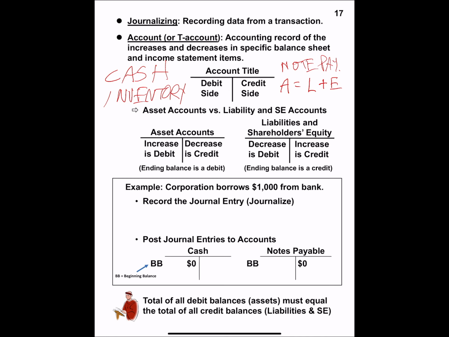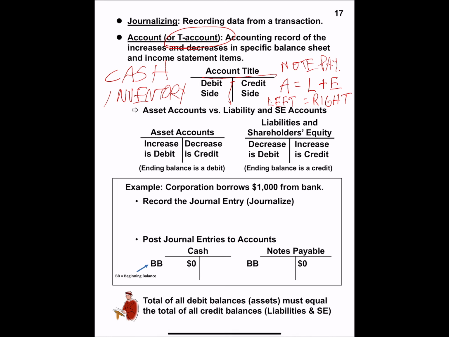With this equation, assets are on the left side, and liabilities and equity are on the right side. These accounts that we're setting up, we often refer to as a T account. It's in the shape of a letter T, as we see here, and it's the way we can visualize what these accounts look like and how they behave.